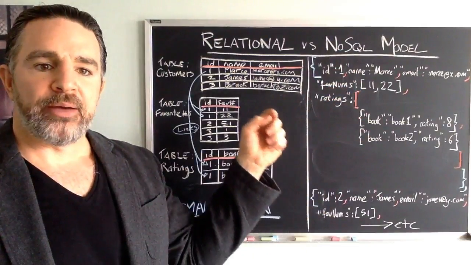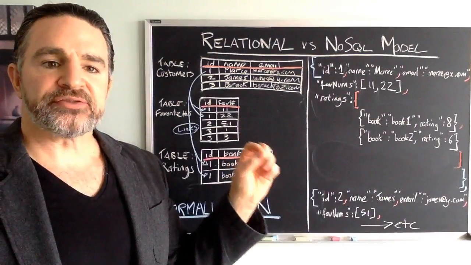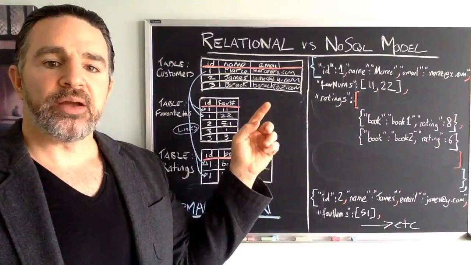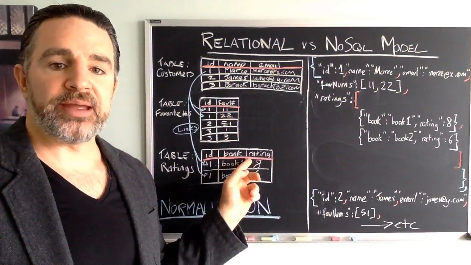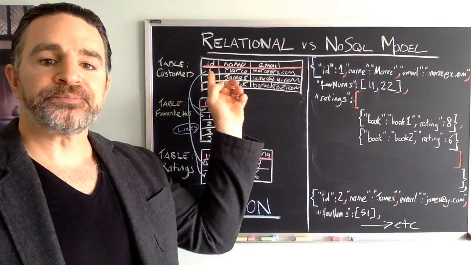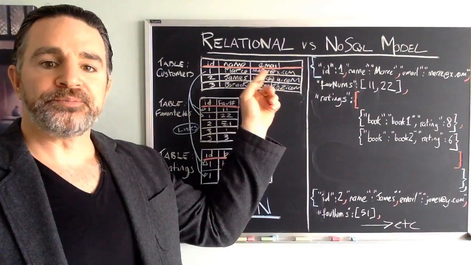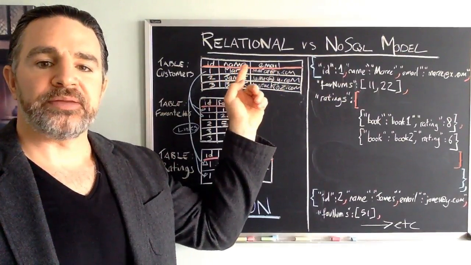Now the first key thing to know about the relational database model is it's very structured at the outset. You need to decide what tables you want to have in your database, and within each table, what fields you want to have in your table, and within each field, what kind of data you are going to hold in that field.